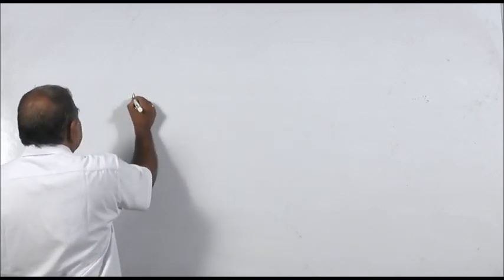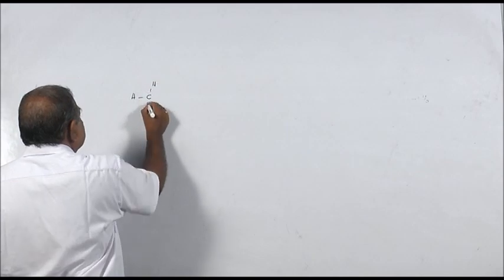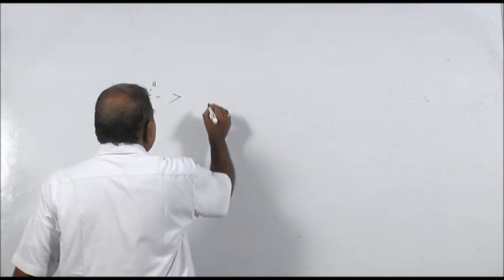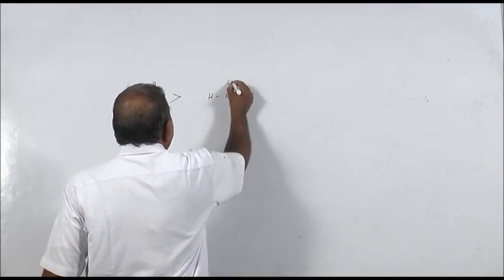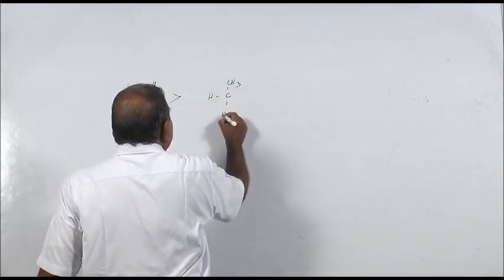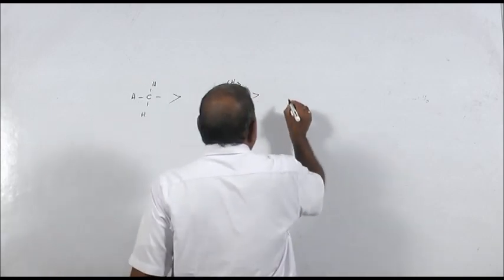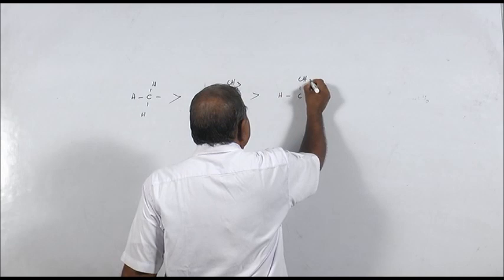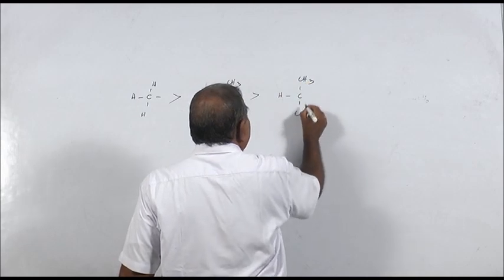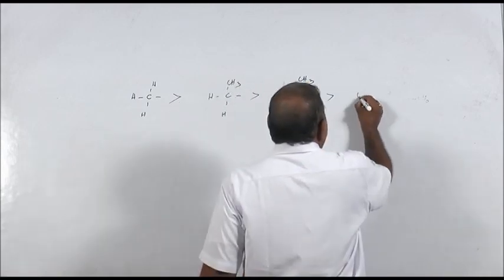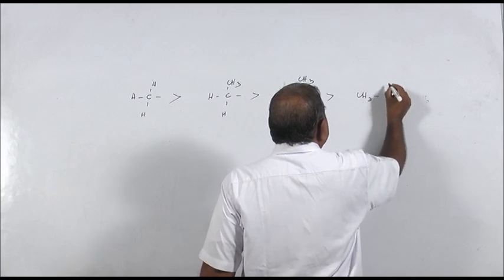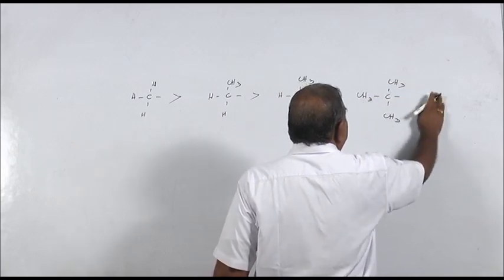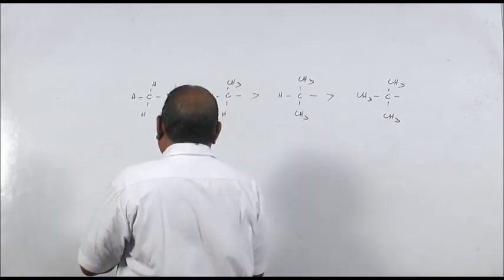Therefore, this which contains 3 alpha hydrogen atoms is more stable than this one, which contains 2 alpha hydrogen atoms, which is more stable than the one containing only 1 alpha hydrogen atom, and this contains no alpha hydrogen atom. So this is the stability order.